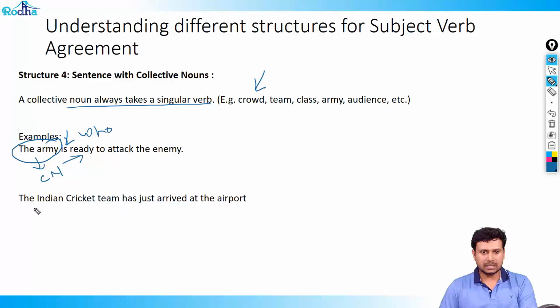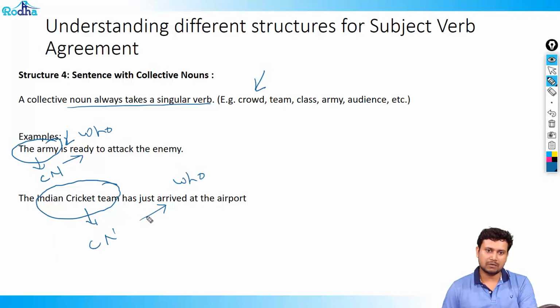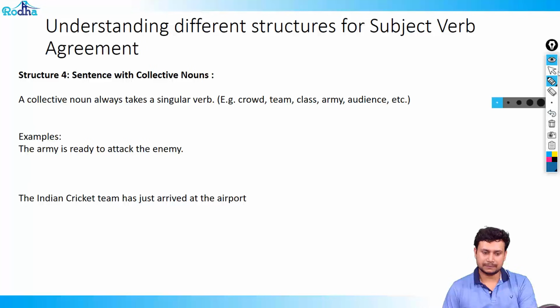Similarly, when you say the Indian cricket team has just arrived at the airport, we ask who has just arrived, and we get the answer Indian cricket team. Indian cricket team is also a collective noun. Therefore, we'll take a singular verb, has. I hope this is clear. Let's move on to the next one.